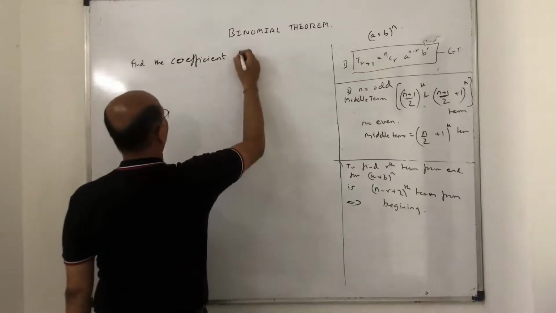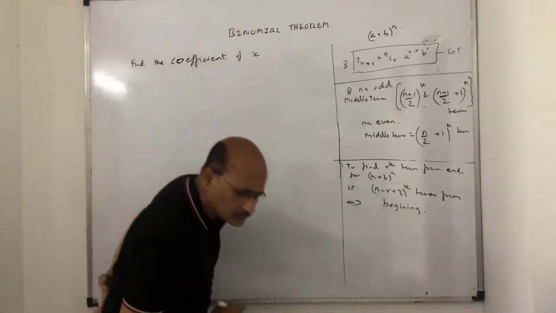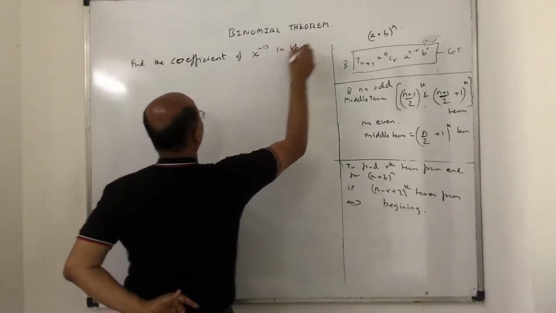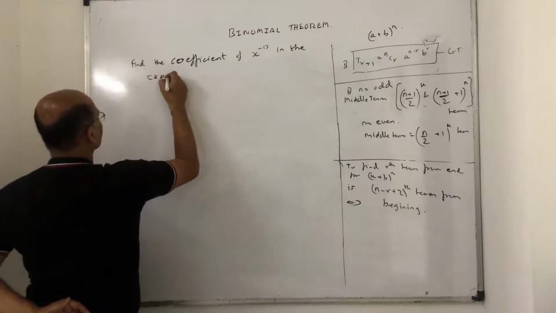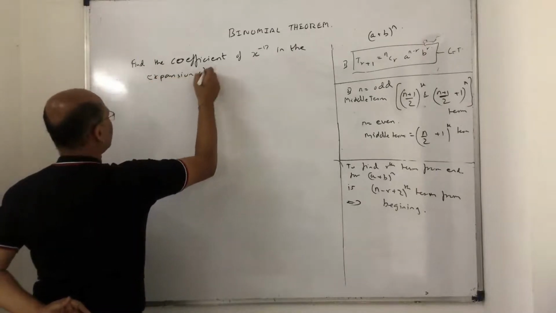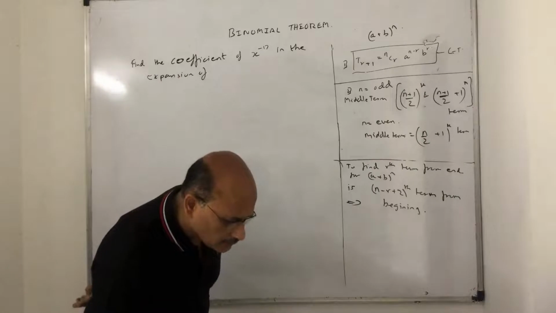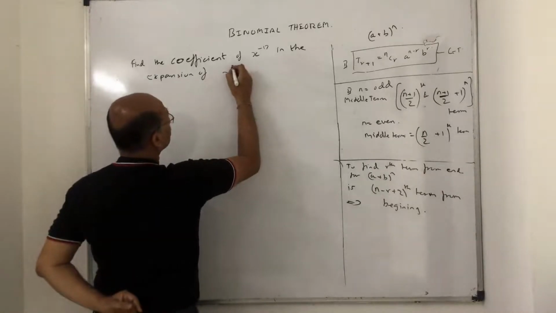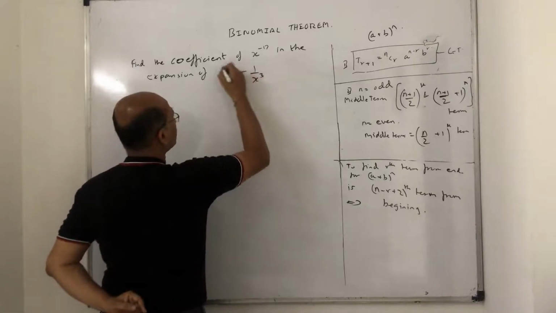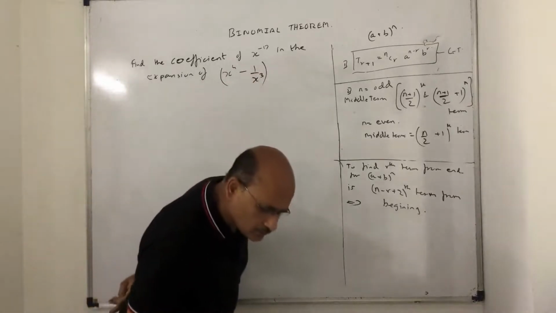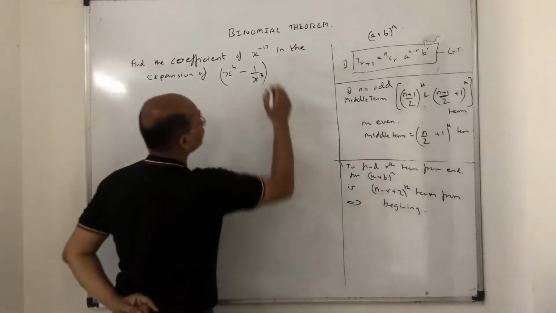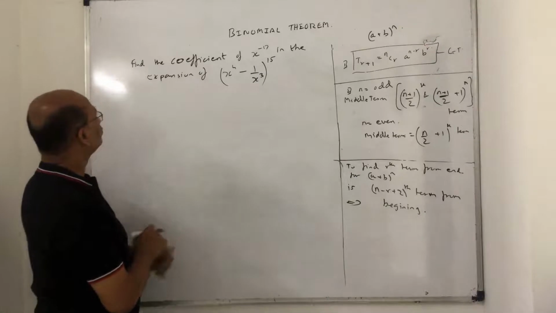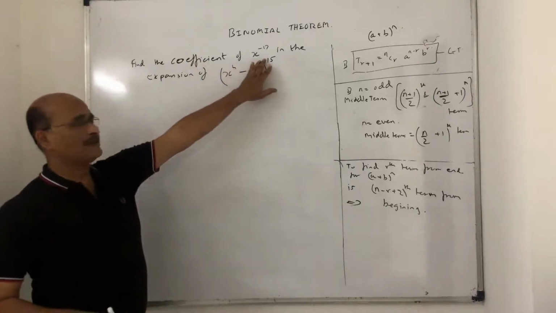Find the coefficient of x raised to minus 17 in the expansion of x raised to 4 minus 1 upon x cube, raised to 15. Simple example this is. They are asking the coefficient of x raised to minus 17.